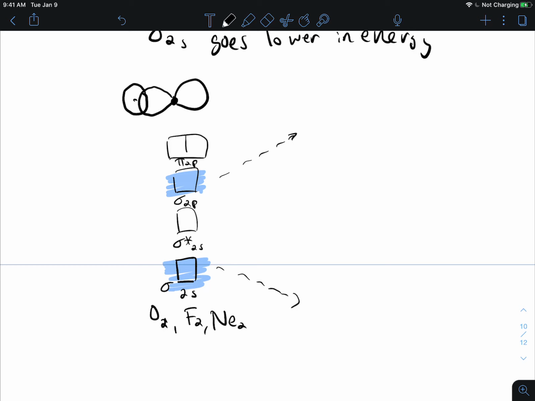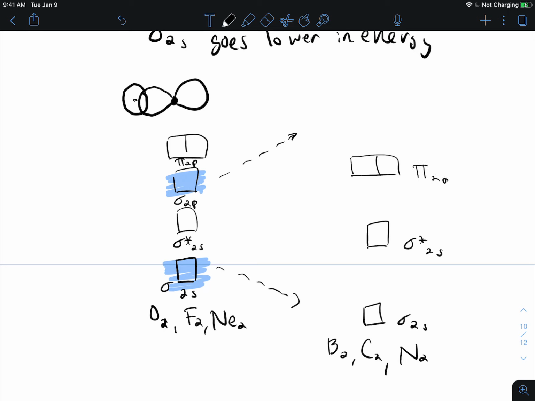And what we get for B2, C2, and N2 is a lowering of that sigma 2s. Our sigma star doesn't do anything. Then our next thing is our pi 2p, and above that in energy will be that sigma 2p.